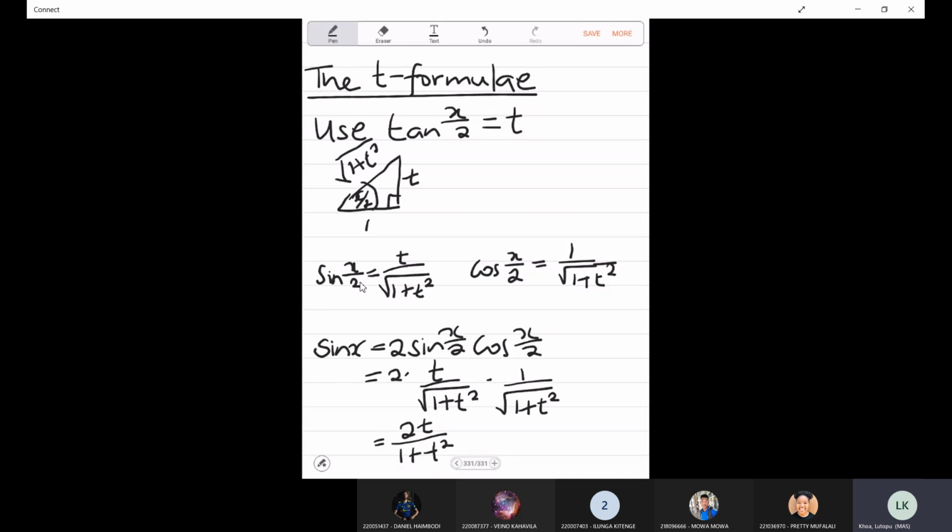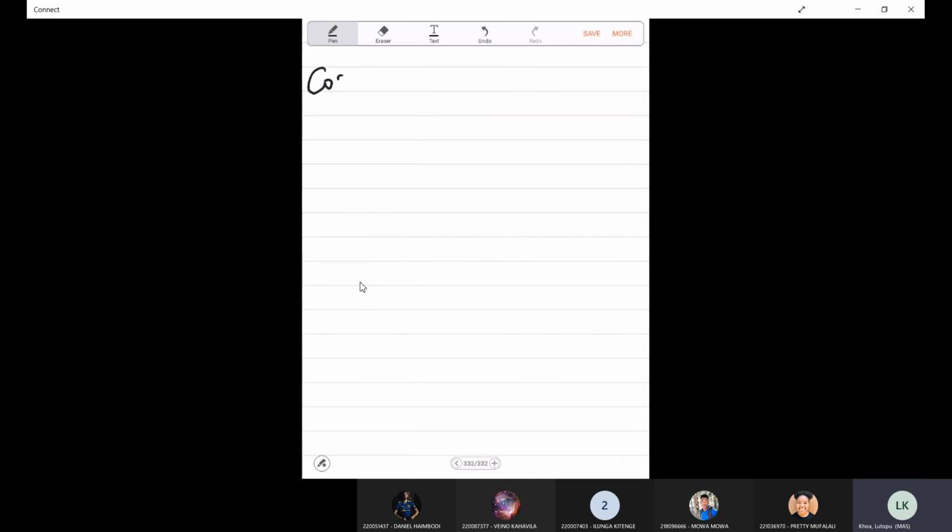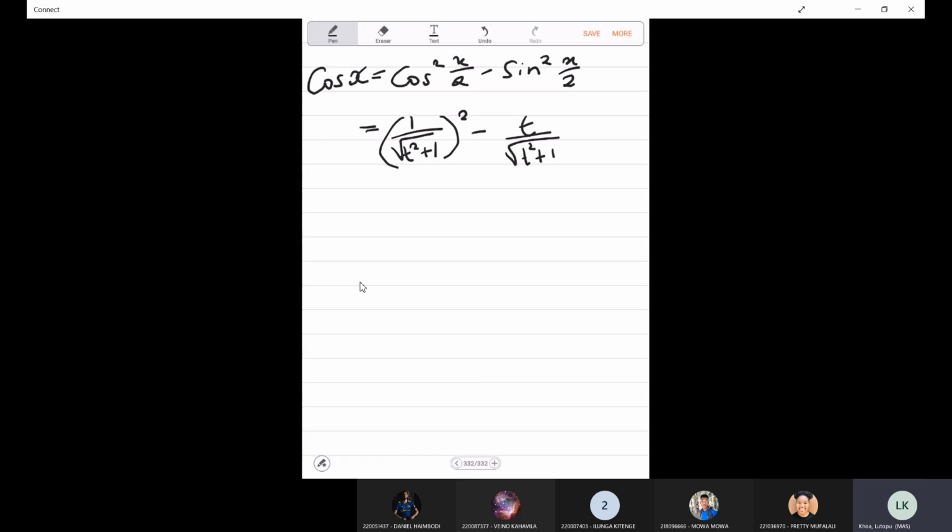And then also, we know that cos x is cos squared of x over 2 minus sine squared x over 2, again our double angle identity. This is equal to cos of x over 2, we said is 1 over the square root of t squared plus 1, then we square it, then minus t over the square root of t squared plus 1, and then we square it.